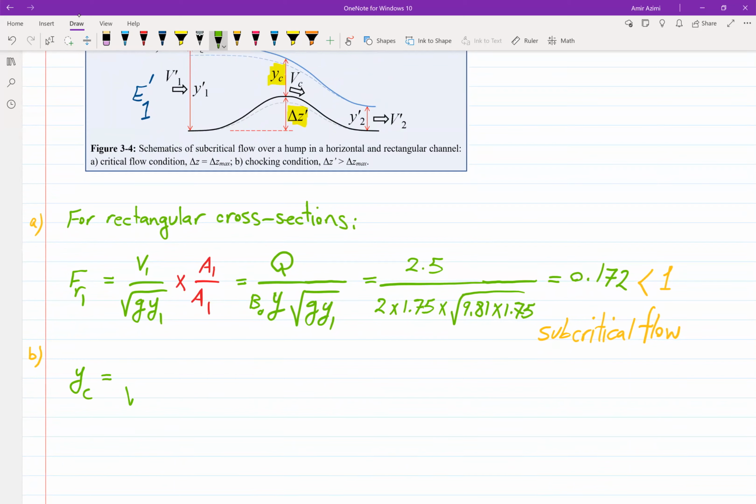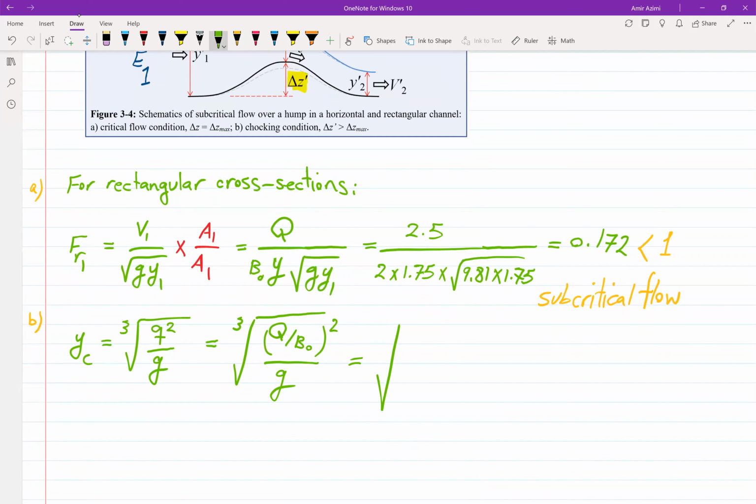YC is equal to cube root of Q squared divided by G. Okay, or I can write it in the form of cube root of Q divided by B0 squared, divided by G. Okay, which is equal to cube root of 2.5 divided by 2, to the power of 2, divided by 9.81.